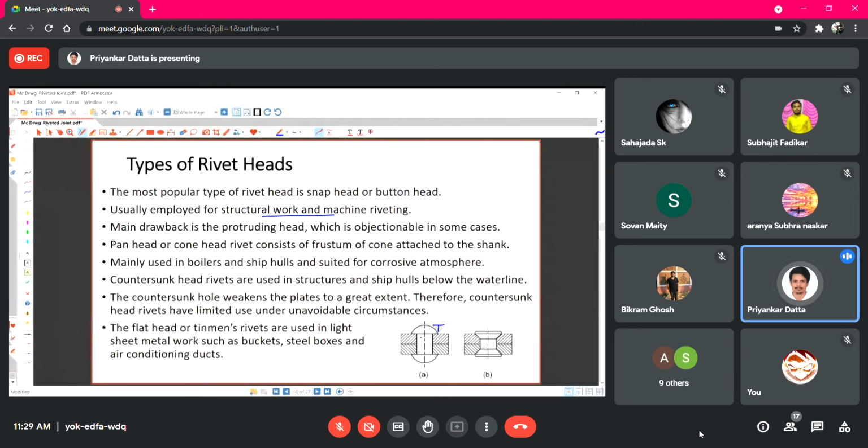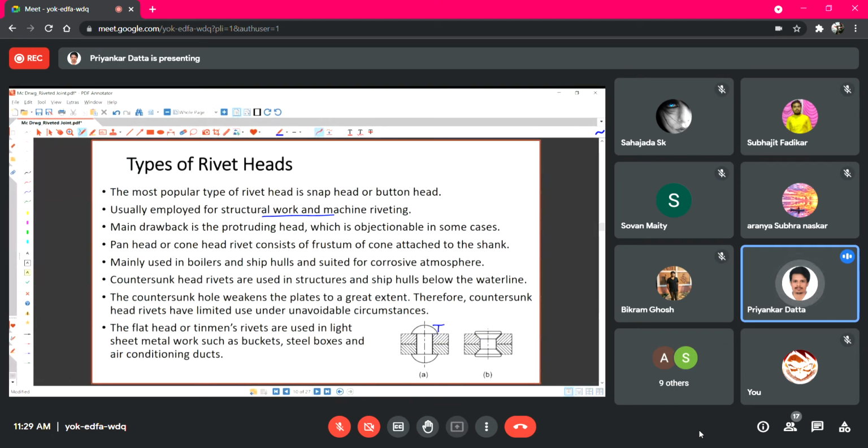Now, in case of machines where movable parts are joined using rivets, there may be a space constraint. In those cases, snap heads may create some problem. So that is why the countersunk head or cone head rivets are created.